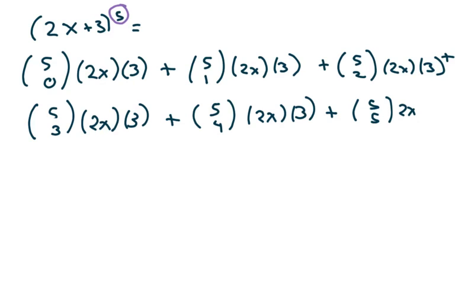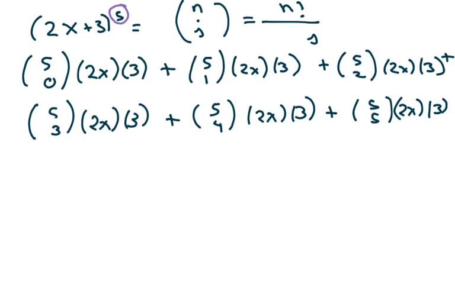And like in the previous video, I'm going to use the fact that in choose J, when you have that, I'm going to rewrite that as n factorial. Instead of putting the J first, I'm going to put it last. And I'm going to put the n minus J factorial first.